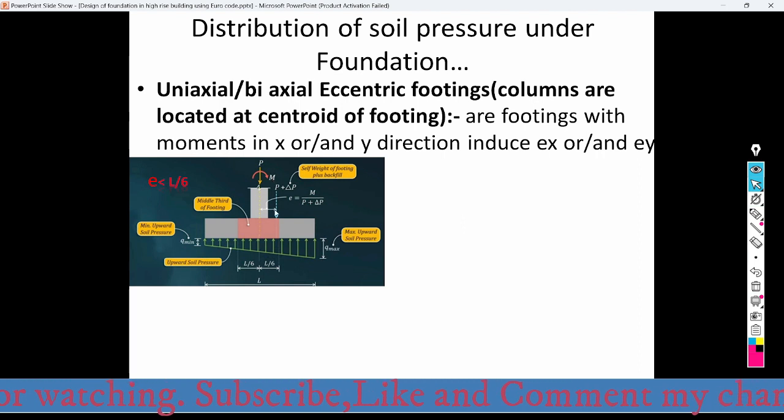So this moment induces eccentricity E on the right side. So if this distance is within two-thirds of the length or the width of the foundation from the center of the column, in that case, the distribution looks like this one.